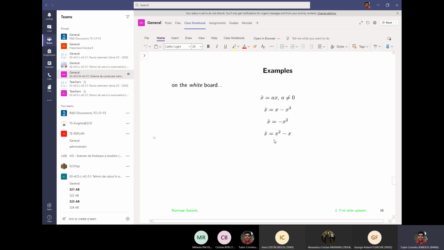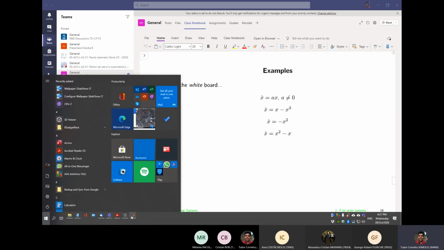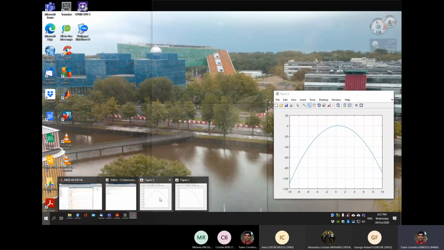So we need to appeal to other methods. However, we are going to start with first-order systems, where we can compare our qualitative results with the actual plots. And this brings me to the MATLAB I have prepared.